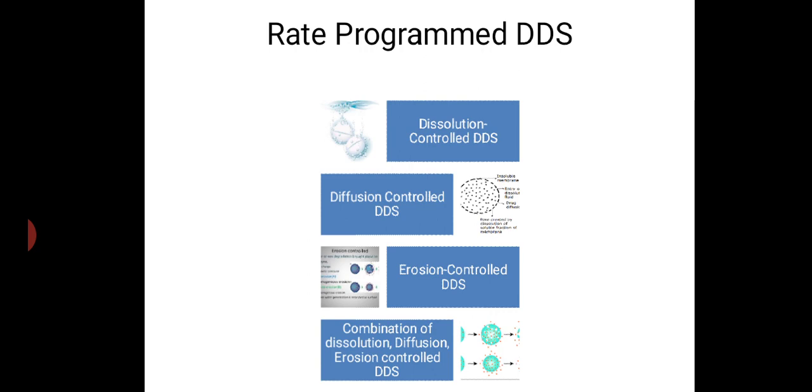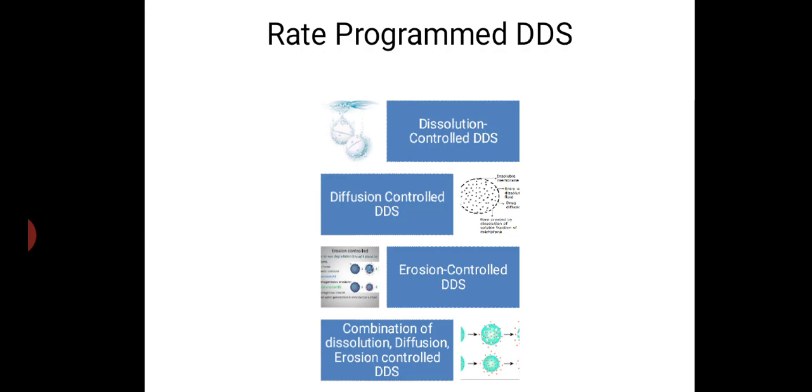The last one is a combination of all these three, that is either dissolution or diffusion, or it can be erosion also. So by combination of any of these mechanisms, we can design a rate programmed drug delivery system.